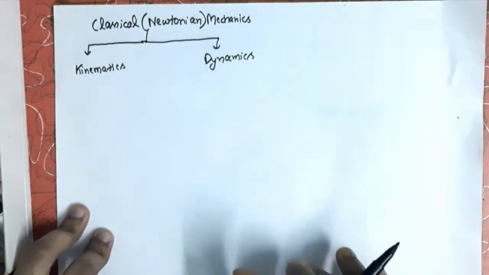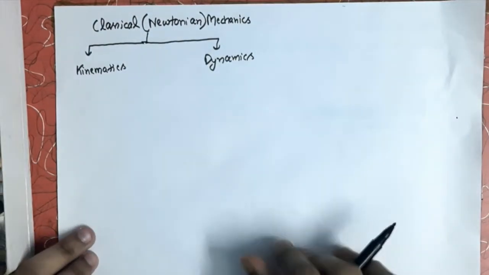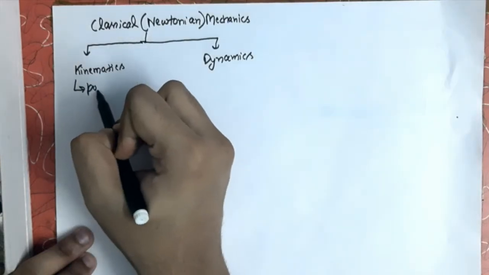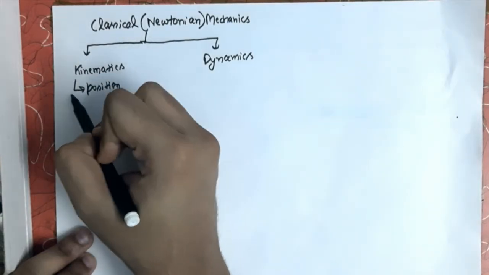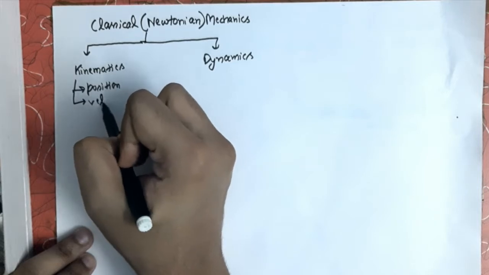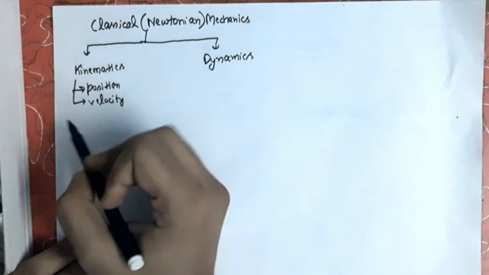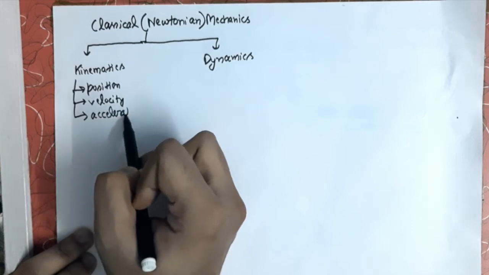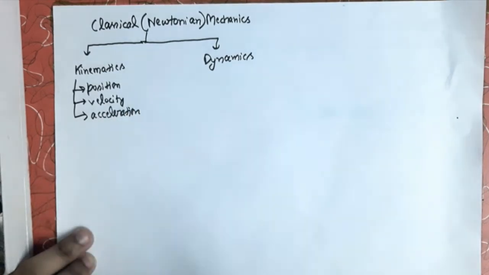So what is kinematics? Kinematics tells us the position, velocity and acceleration. So we can find out the position, velocity and acceleration with respect to time.